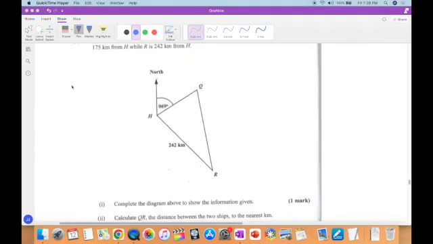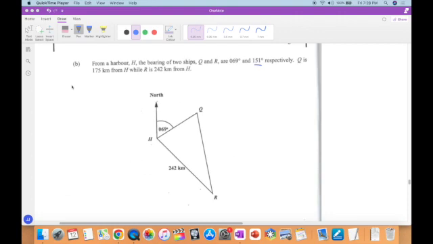Okay, so we have a bearings question here. From a harbor H, so we see an H there, the bearing of two ships, Q and R, are 69 degrees, I can see 69 there, and 151 respectively.